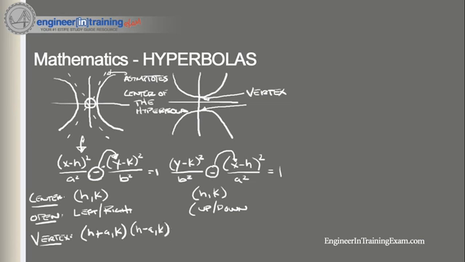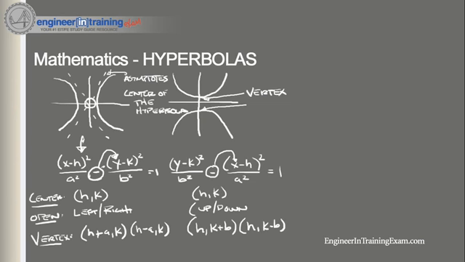On the one that's opening up and down, those vertices are going to be located at (h, k plus b) and (h, k minus b). So notice there are two locations, because a hyperbola has two curves, two vertices.